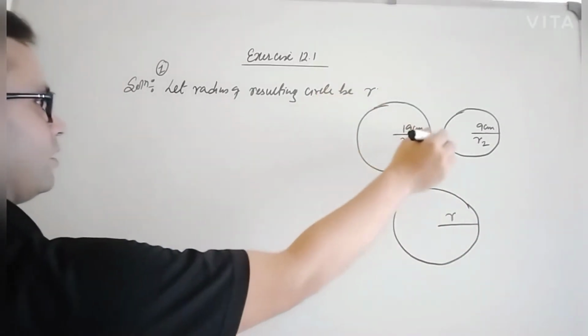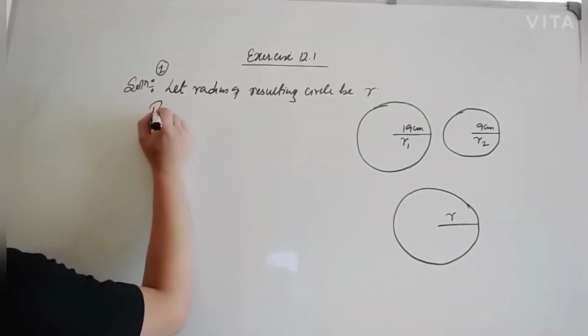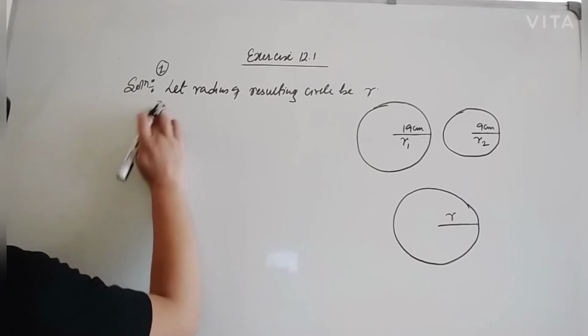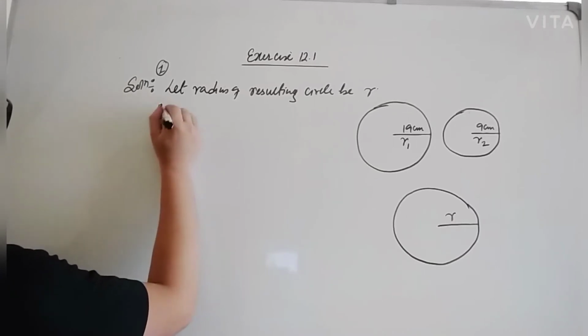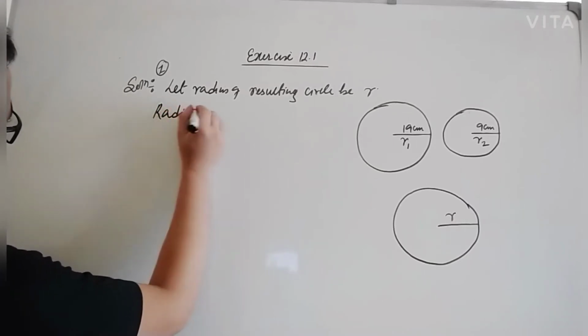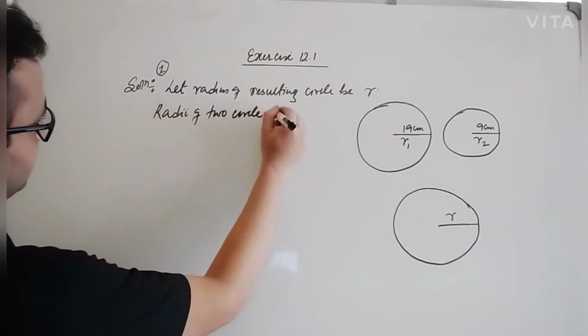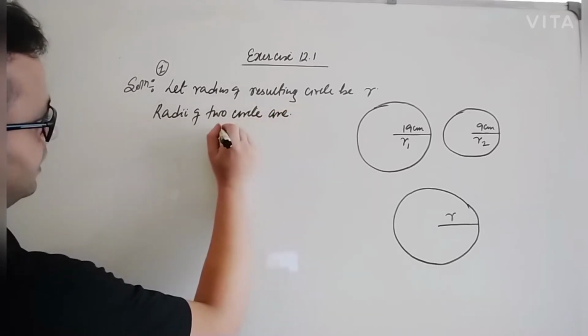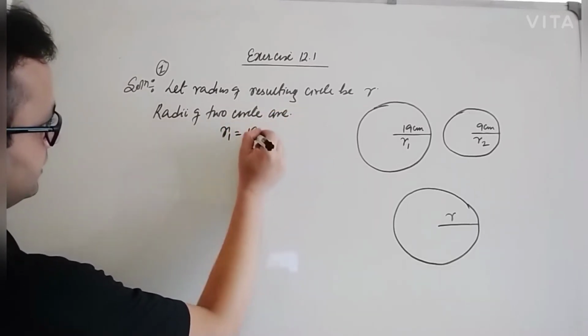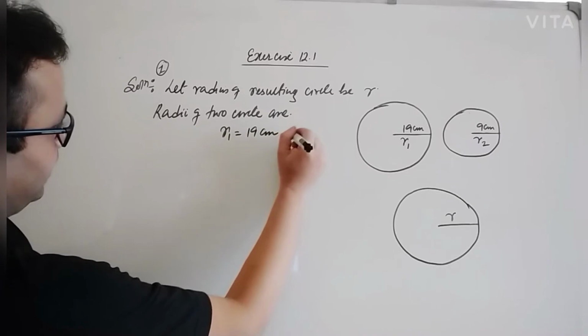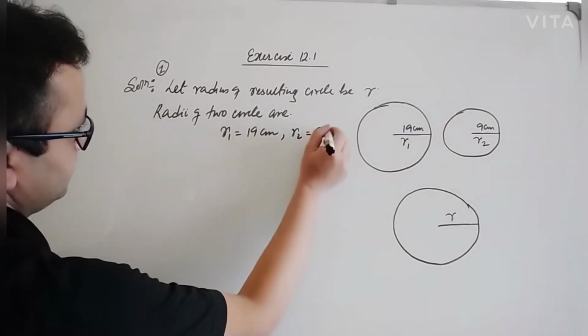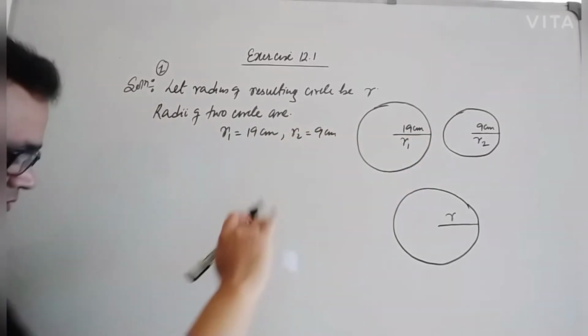Now the radii of the two circles are r1 equals 19 centimeter, r2 equals 9 centimeter. So these are the given radii.